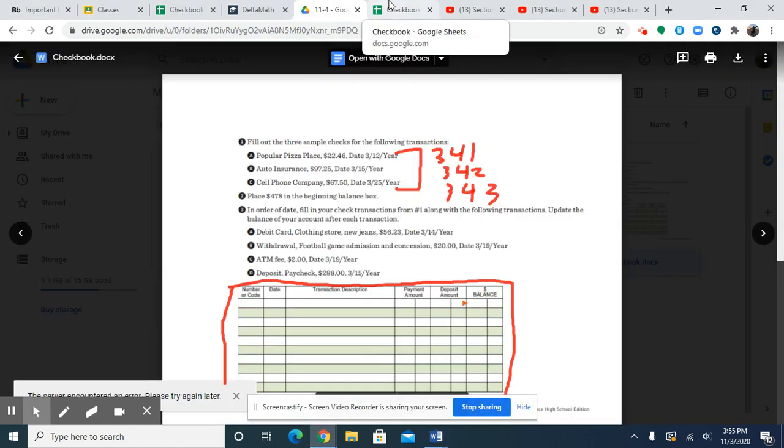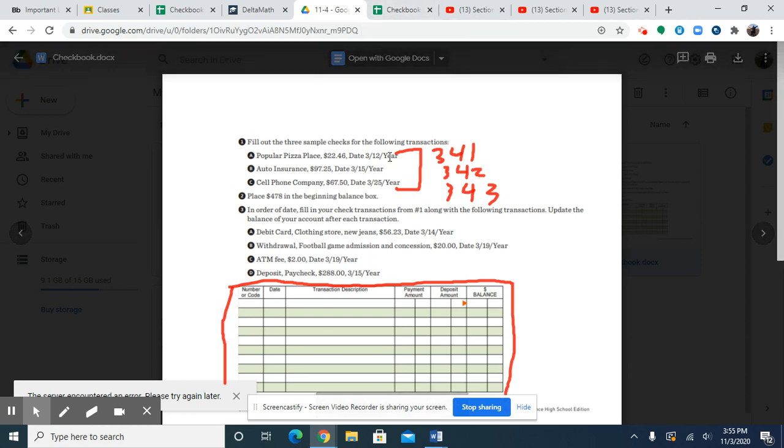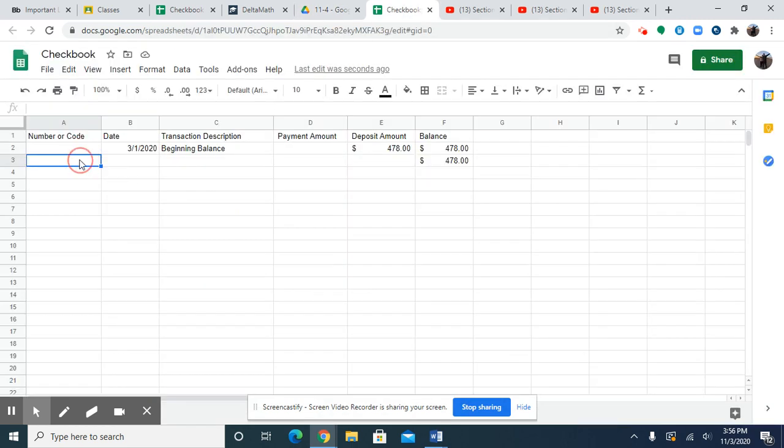Yes, so 478. Now what we're going to do is go in and put in all the transactions based on the correct date. For example, the first transaction that we did is that we spent $22.46 at Popular Pizza Place, and that has a check number of 341. So we're going to put 341.